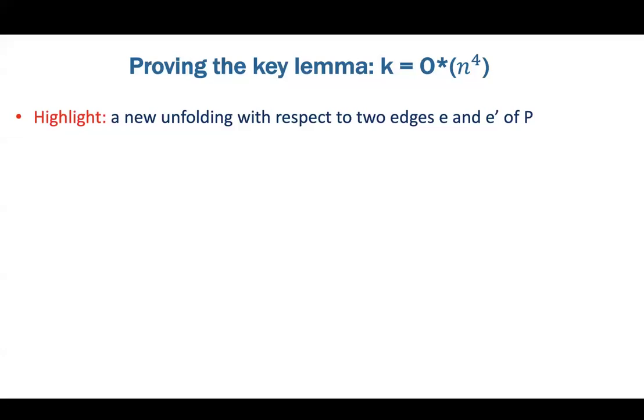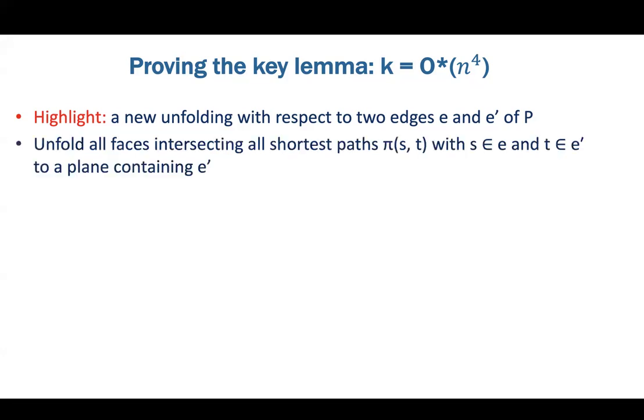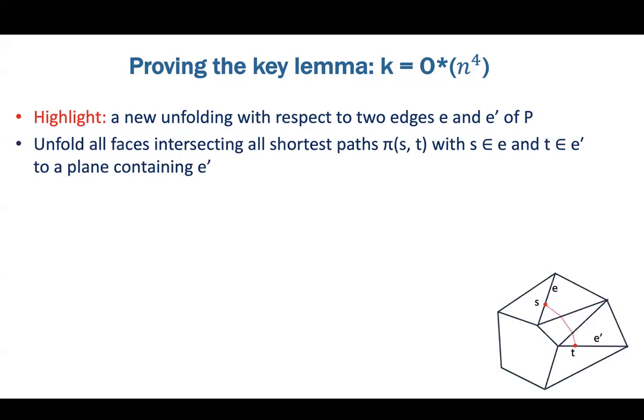We're going to show one highlight to prove this lemma. We introduce a new unfolding with respect to edges. So basically what we do is, E is here and E prime here. We consider shortest paths for all possible points S in this edge and T in E prime, and then we consider all possible shortest paths.